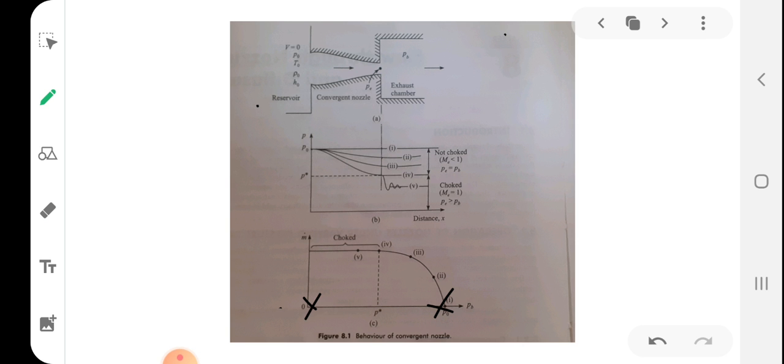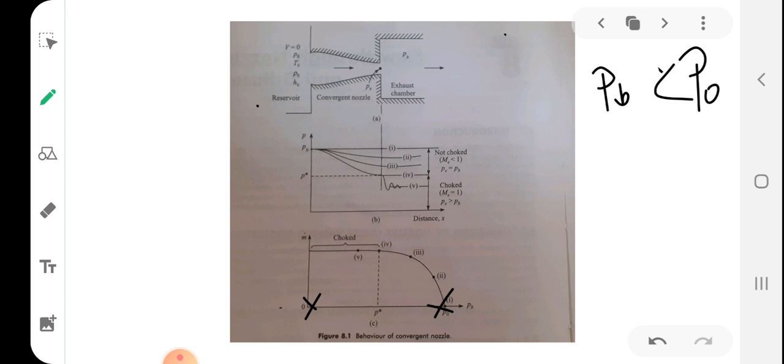Now, in order to initiate a flow in the nozzle, what should be done? You just have to open the valve. Opening the valve means you decrease the back pressure. If the back pressure is decreased below P0, a flow will slowly be initiated.